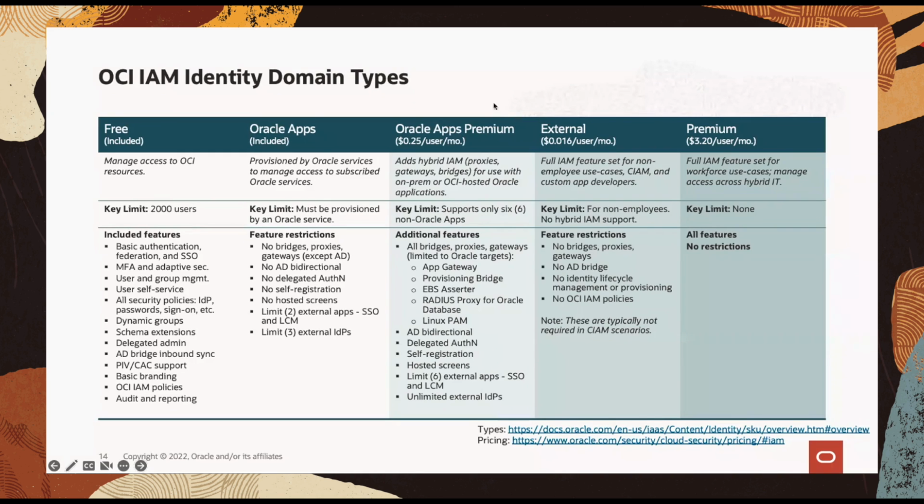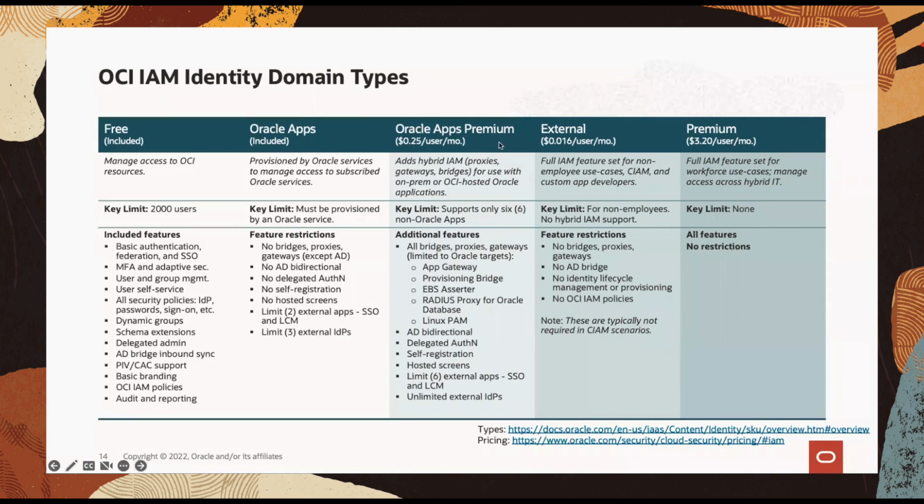And then we have Oracle Apps Premium. This looks interesting because it is just $0.25 per user per month, and it has almost all the features, but with a few limitations. It supports all kinds of features that customers are requesting, but there is a limitation of adding only 6 non-Oracle applications.